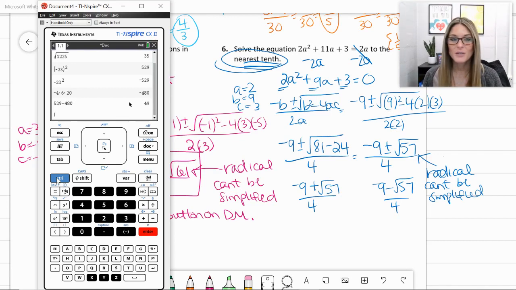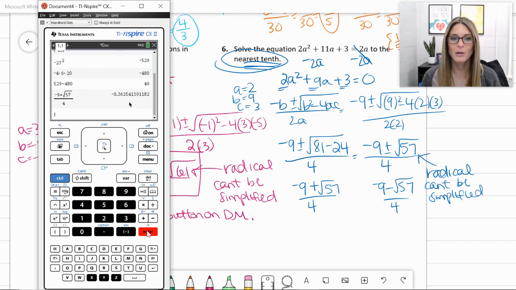All right, for the first one, I am going to use those fraction boxes that I love so much. Control and the divide button is going to give me a numerator and denominator, so I can type it in exactly like I see it on my paper here, with negative 9 plus the square root of 57 in the numerator, and then in the denominator I can put that 4. When I hit enter, there's that lovely decimal that I need to round to the nearest tenth.